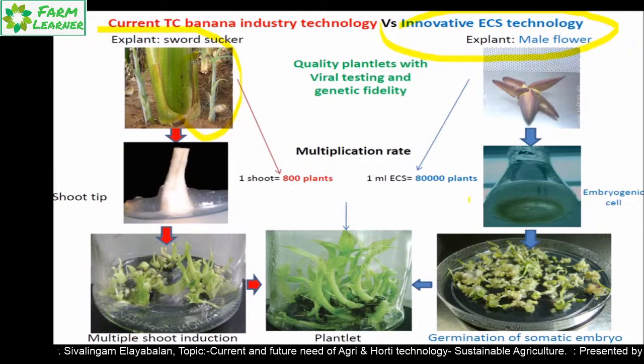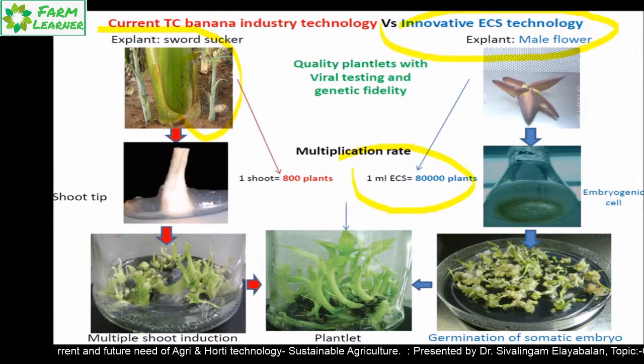Why? Because with high density planting, we need more planting materials. The planting materials should be disease free as well as pest free, high yielding, faster and with more uniform harvest, so we need innovative technologies like embryogenic cell suspension technology to produce bananas and make the planting materials for this most important situation.